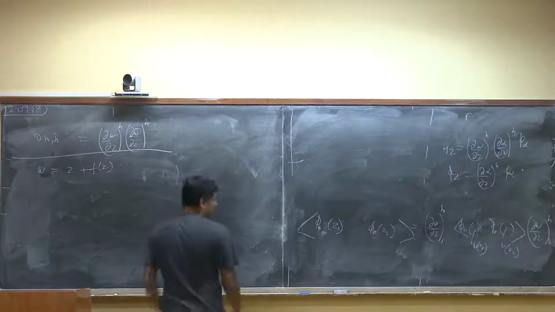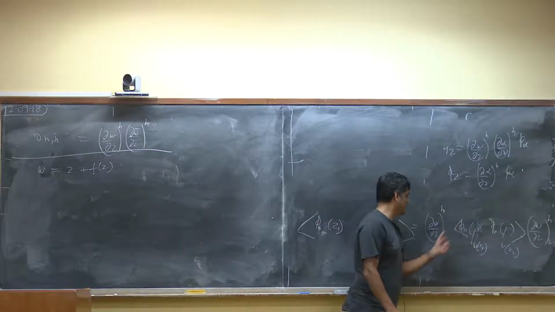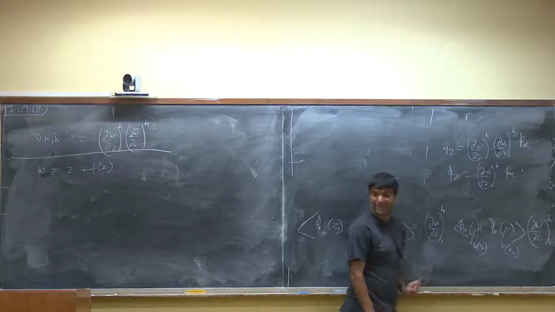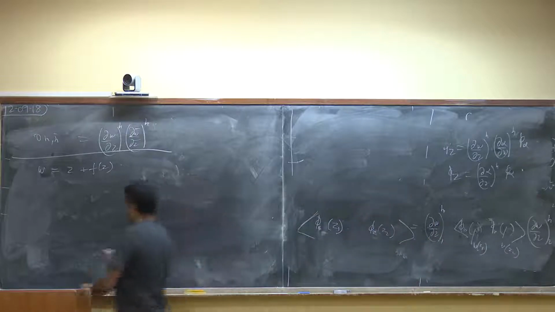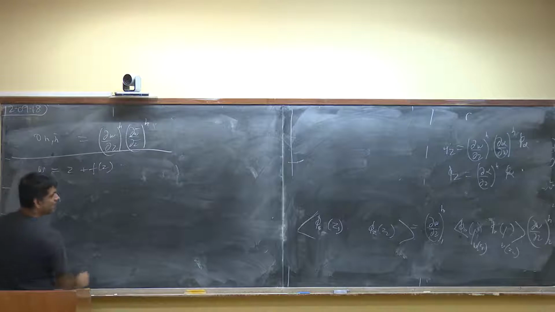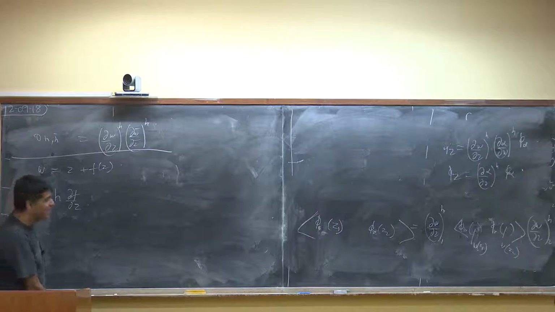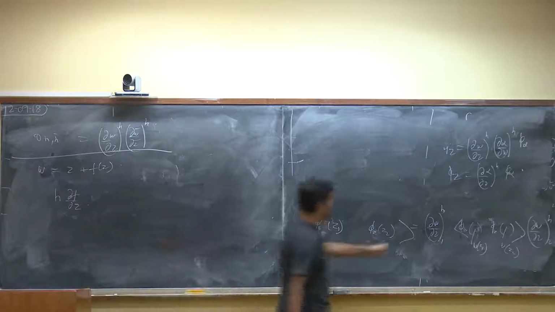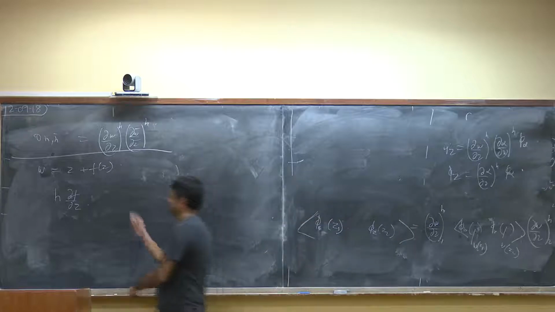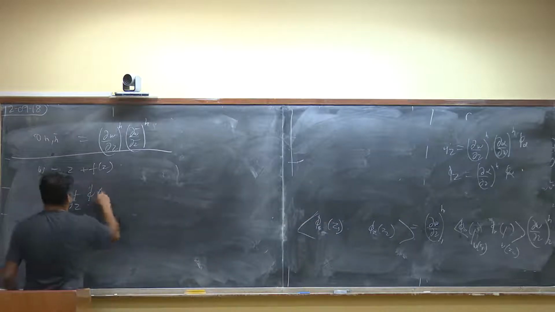So for each phi factor, I get two things. First, I get what I get from expanding this, which is a factor of h del f by del z times the insertion of phi at z.